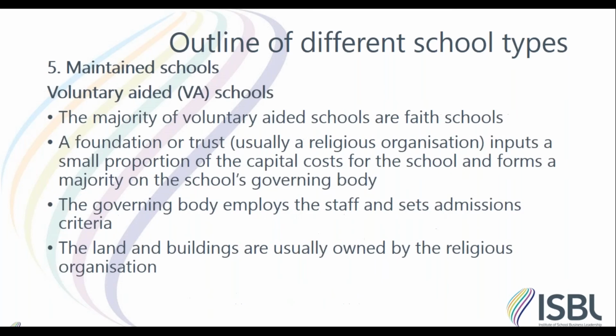Voluntary aided schools, the third type. The majority of voluntary aided schools are faith schools. A foundation or trust puts in a small proportion of the capital cost for the school and forms a majority on the school's governing body. The governing body employs the staff and sets the admission criteria. The land and buildings are usually owned by religious organisations.